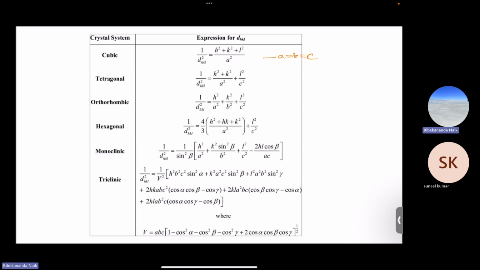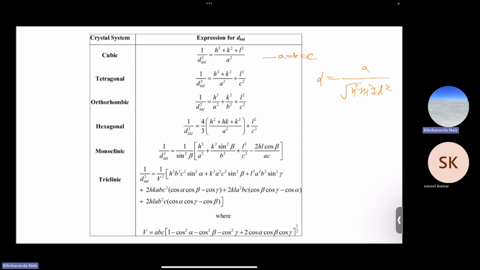There are quantities alpha, beta, gamma, so that cos square alpha plus cos square beta plus cos square gamma equals 1. If you draw some geometry and put the values of alpha, beta, and gamma, you will get d equals a divided by root over h square plus k square plus l square. So this is for cubic.